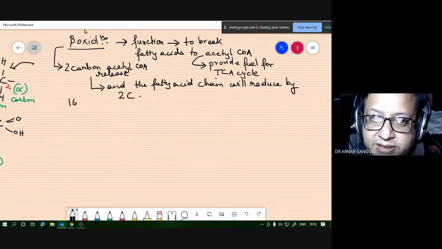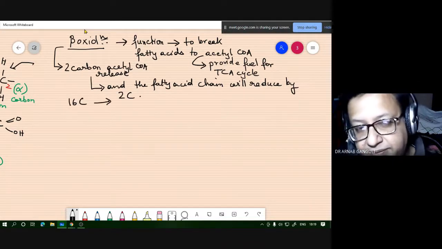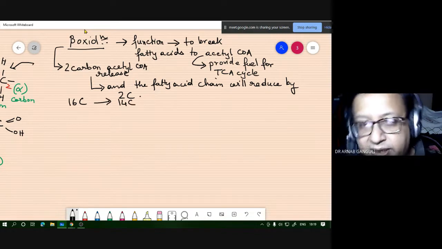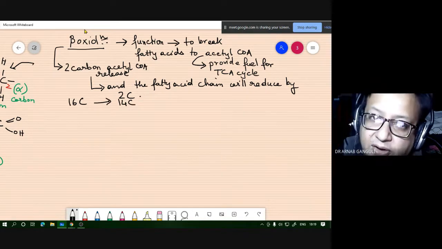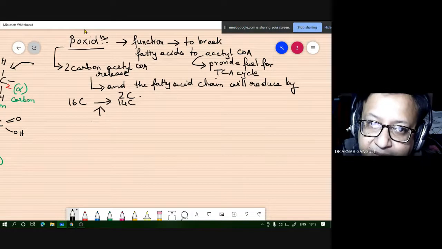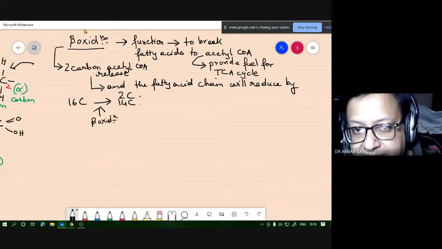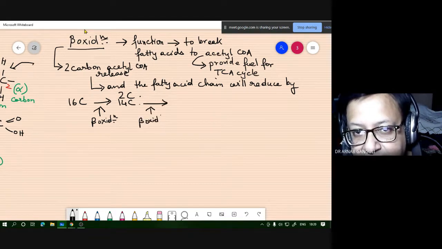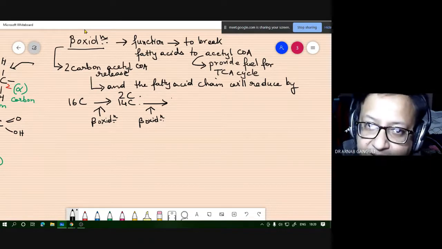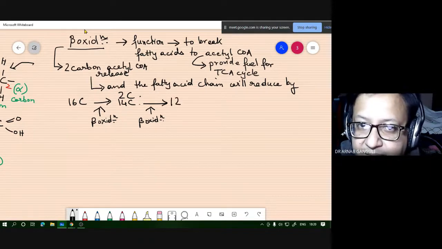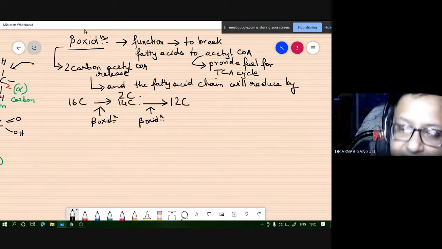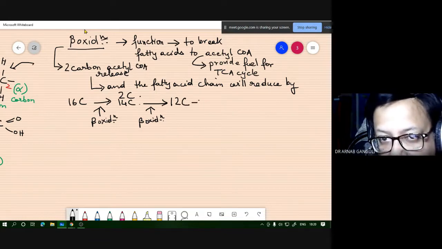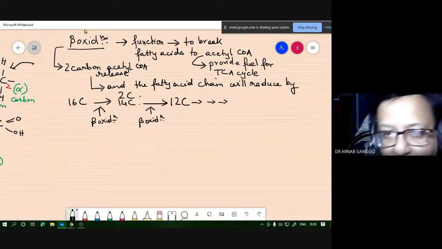So the 16 carbon fatty acid will become 14 carbon. Again, another step of beta oxidation will take place. Again, beta oxidation, it will become 12 carbon. Like this, so on and on.